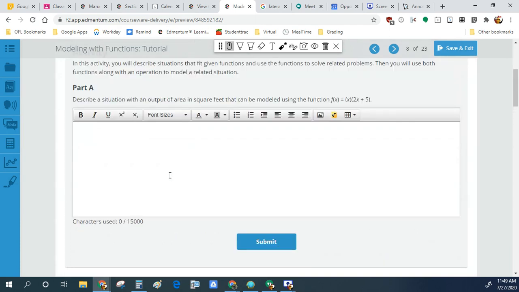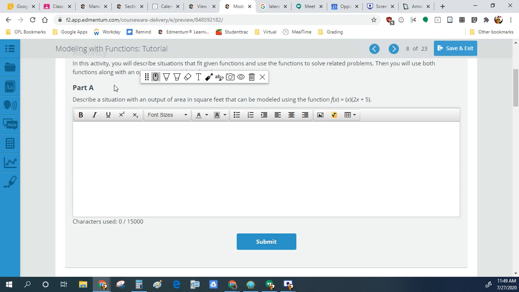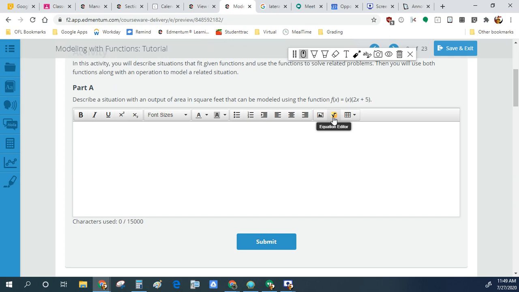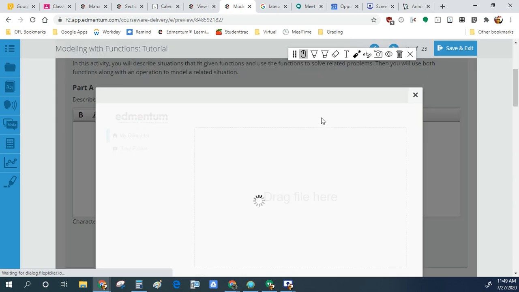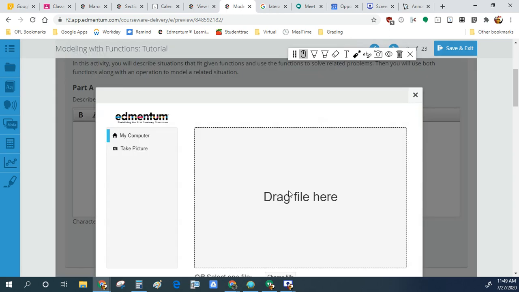I promise you it works. I don't know why it's not working right now though. I think it's because I'm not a student. Oh, that's right, I'm not a student, so it doesn't let me submit it under the review mode. But I promise you, you guys can click this. You can even drag a picture.